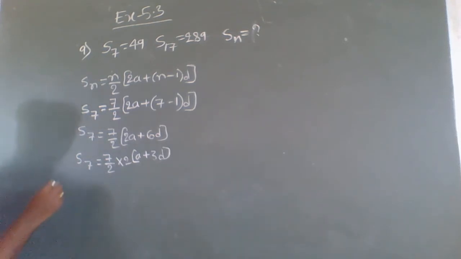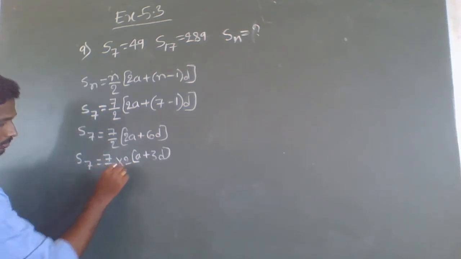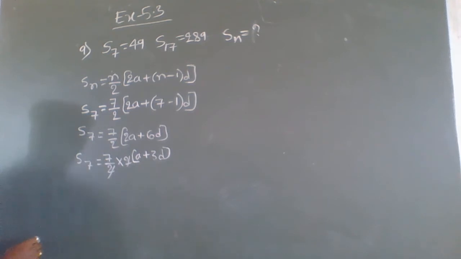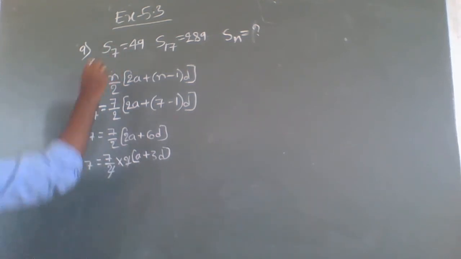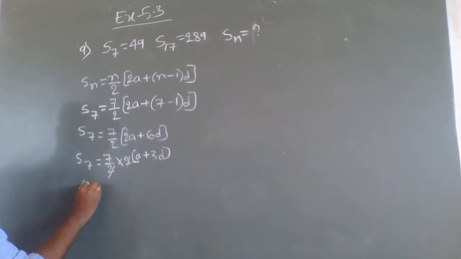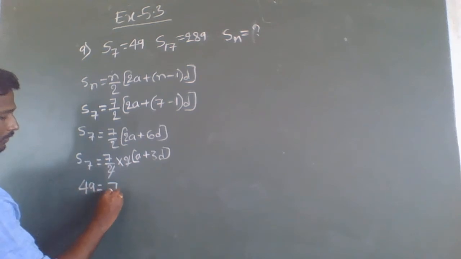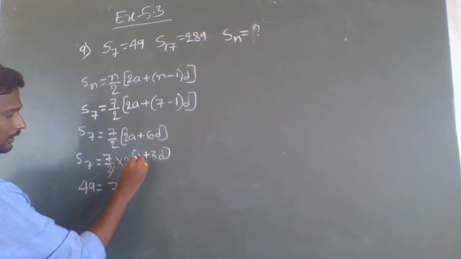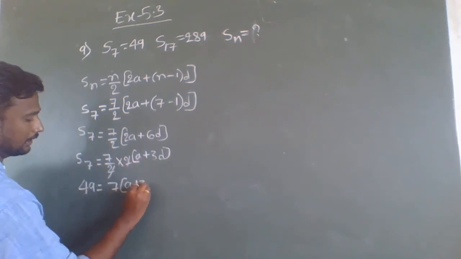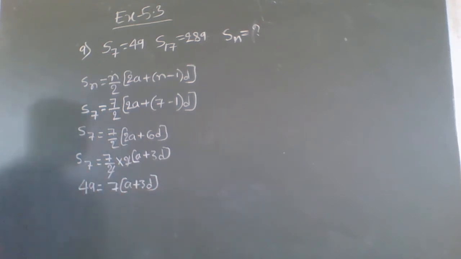Right. So now I will cancel this 2 and 2. Now what is the S7 value? The S7 value is 49, which is equal to 7 into bracket a plus 3d, which is remaining.